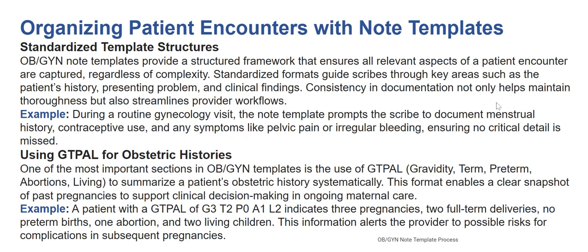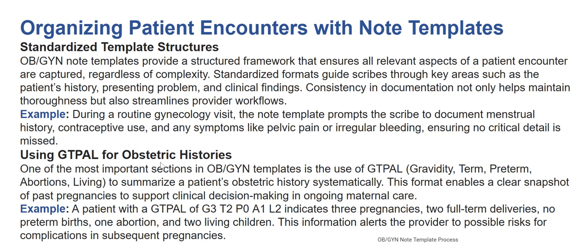Consistency in documentation not only helps maintain thoroughness but also streamlines provider workflows. Example: during a routine gynecology visit, the note template prompts the scribe to document menstrual history, contraceptive use, and any symptoms like pelvic pain or irregular bleeding, ensuring no critical detail is missed.